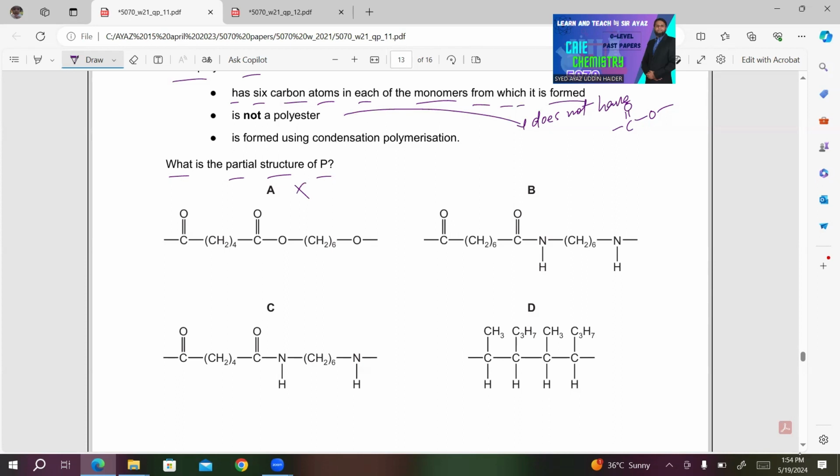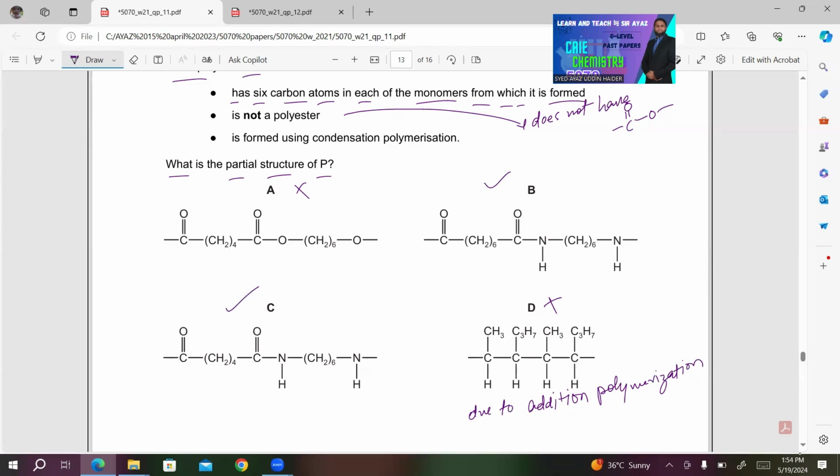D also can't be the right answer because it's not produced as a result of condensation polymerization. It is produced due to addition polymerization. So we are left with B and C. Either B is correct or C is correct.